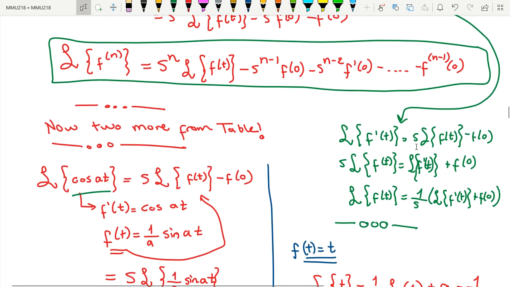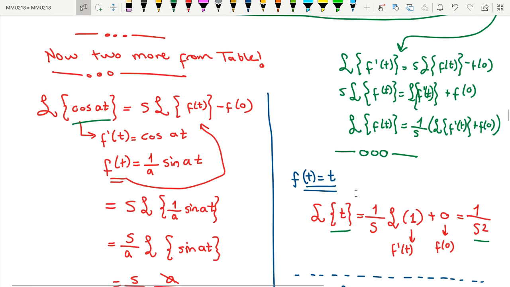Laplace of f prime t was this. So let's see what the original Laplace of f of t is. If you leave that alone, you pull this to the left hand side, so Laplace of f prime t plus f of 0, and if you divide this whole expression on the right hand side by s, you will get the Laplace of f of t in terms of its derivatives.